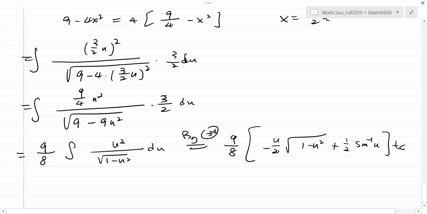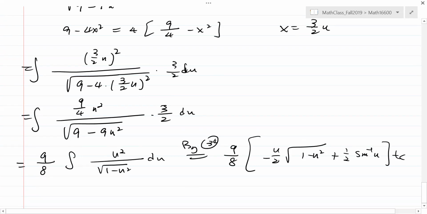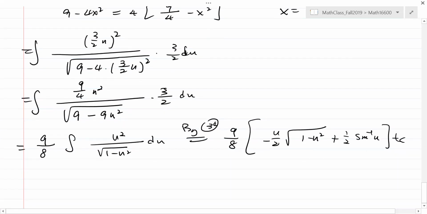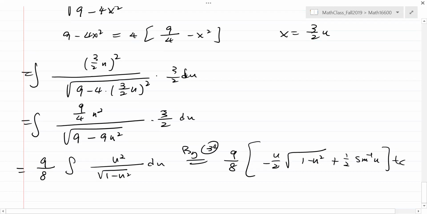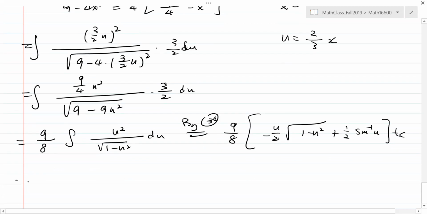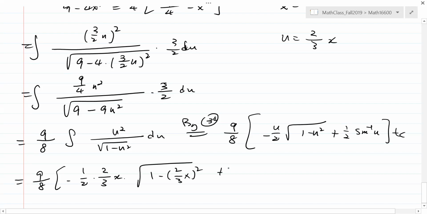Right? Then you go back and replace u by x, because u is going to be 2 over 3 x. So you can put back 2 over 3 x, 2 over 3 x squared, plus half of arc sine of 2 over 3 x, plus constant.